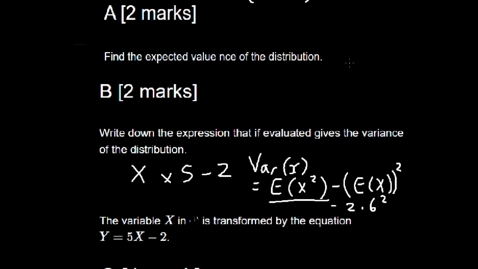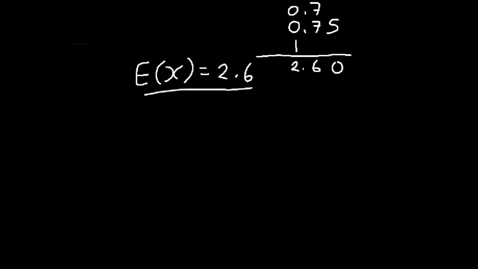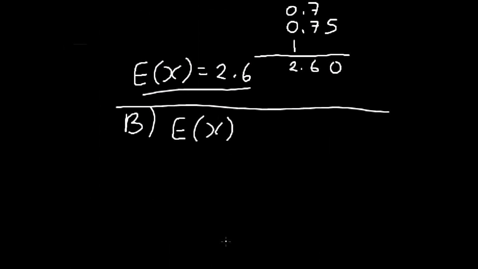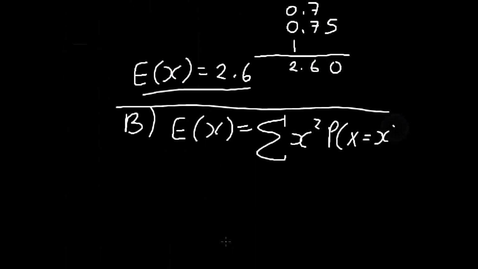So it's basically the same thing as before, right? The same equations as before, except this time what we're doing for part B is that we say it's equal to the sum, right? So we're summing it up, and that x value we're just going to square, okay? But the probability all stays the same.